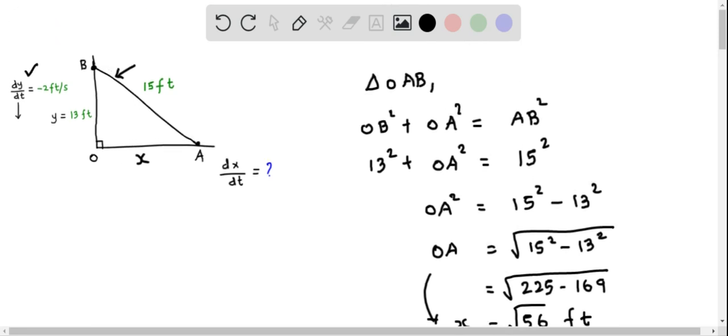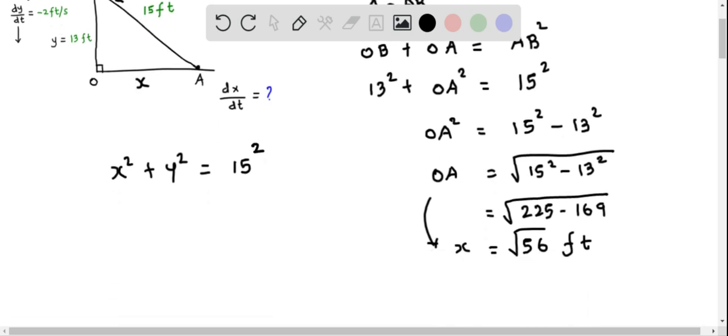Now, once again, we can consider the right triangle. This time I'm going to write it in terms of an equation: x squared plus y squared equals 15 squared, since 15 is the hypotenuse. Now we are going to find the derivative on both sides with respect to time.